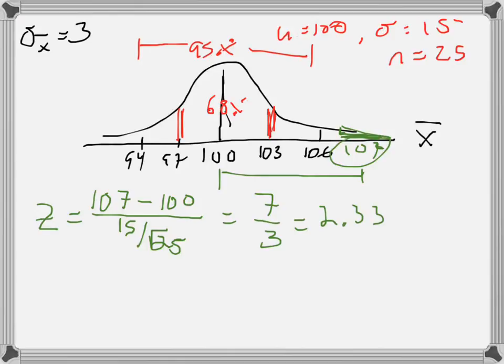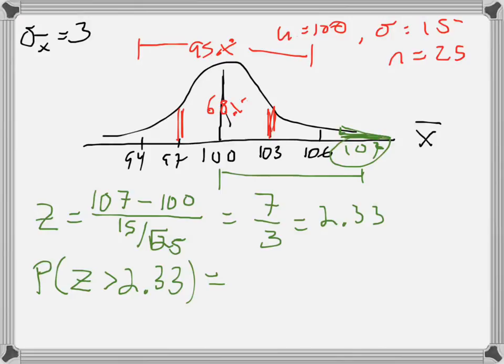So this is what we're going to be calling our test statistic. And in this case, our observation, 107, our sample mean, the average IQ of 25 people, was 2.33 standard deviations above where I would expect it to be if the null hypothesis was true, if the true average IQ of students is actually 100.